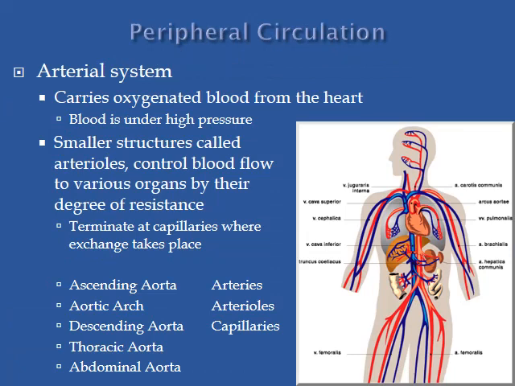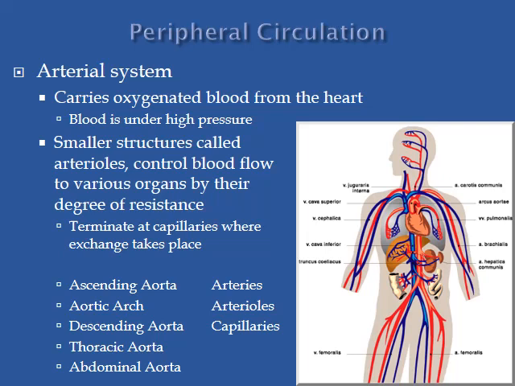All right, the arterial system carries that oxygenated blood that went from our pulmonary arteries to our pulmonary veins to our heart and to the aorta. So the arterial system is under high pressure.